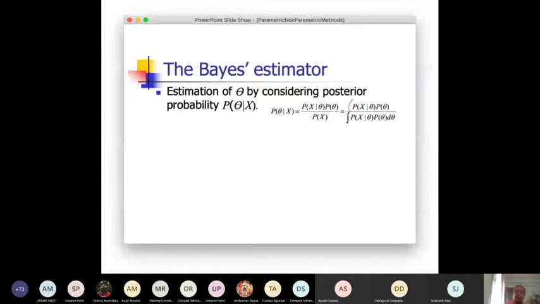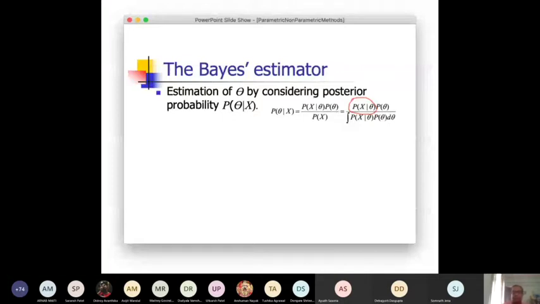This is the likelihood part that we computed in the previous case when we discussed the estimation of parameters. But now we are also considering the prior distribution of a parameter.